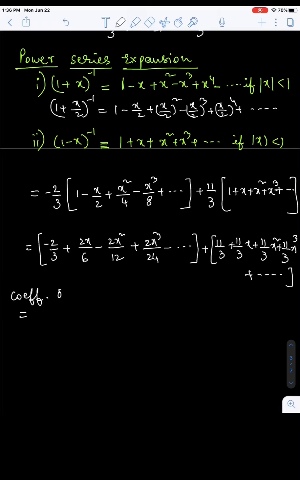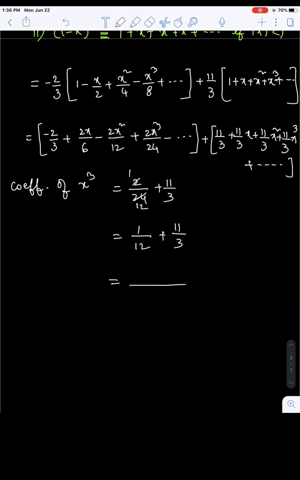The coefficient of x cube is equal to what? 2 by 24 plus 11 by 3. You can cancel here, no? With the 2 table, 2 ones are 2, 2 12s are 24. So 1 by 12 plus 11 by 3. Here take the LCM.